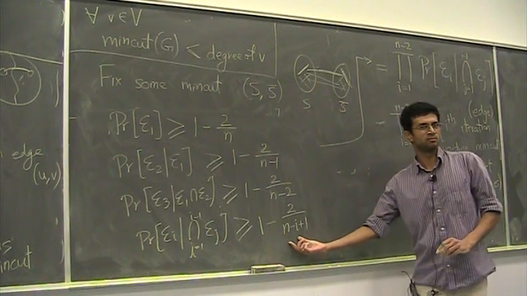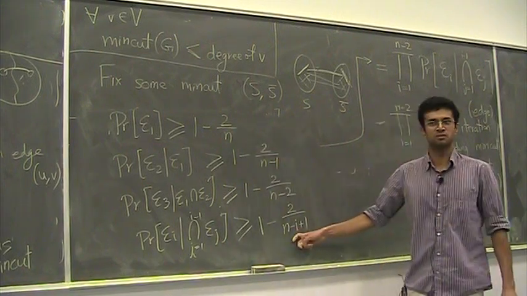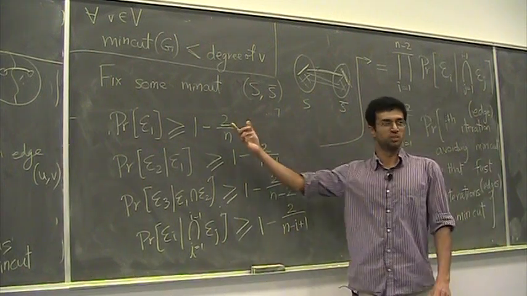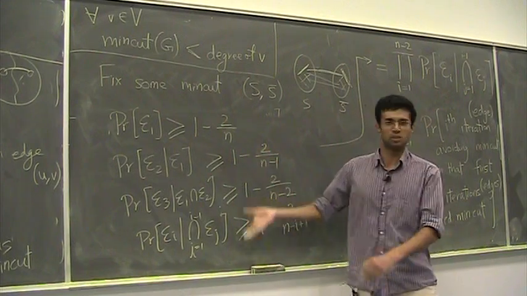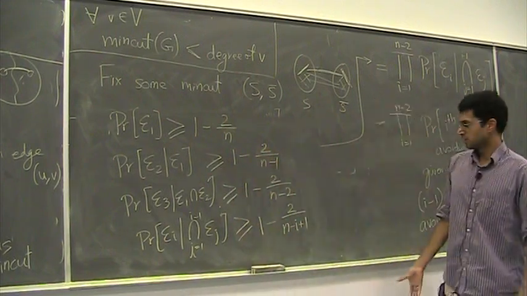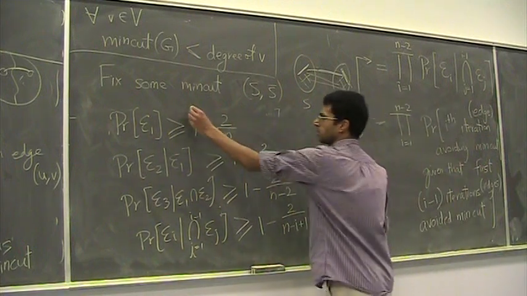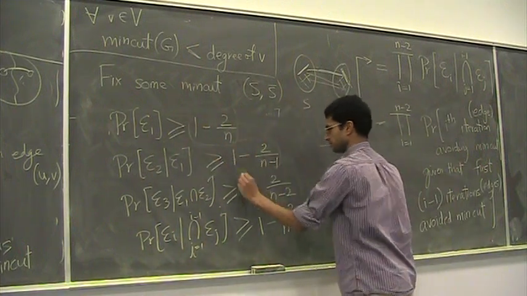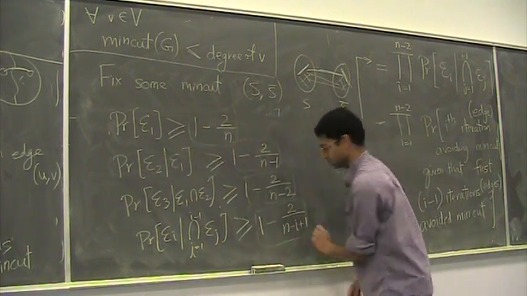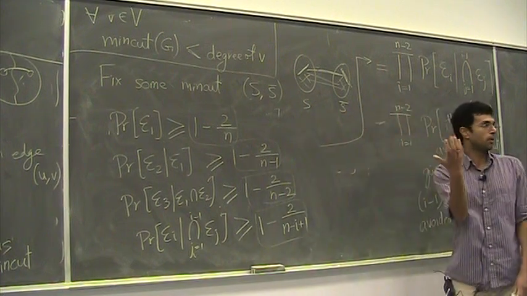That's the pattern. Maybe I should have started from 0, but it's the same logic, an off-by-1 error. And all you need to do now is multiply all of these together, and then you get a lower bound on the probability.